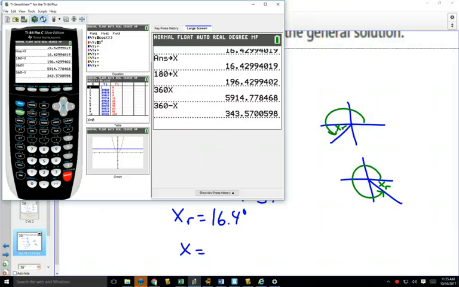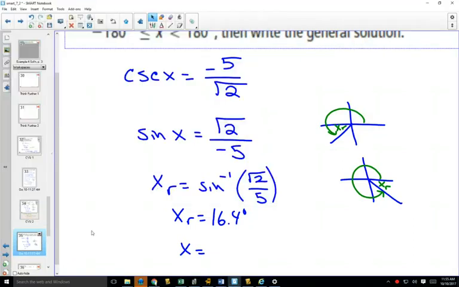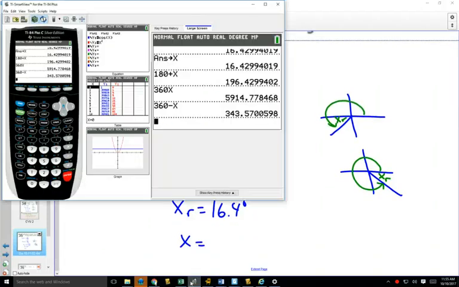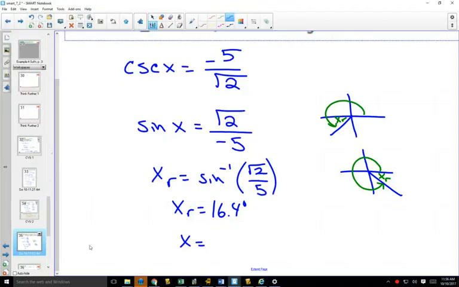So I know 196.4 and 343.5. It says to the nearest degree, so I just need 196 and 344. And again, that's solving between 0 and 360 degrees.